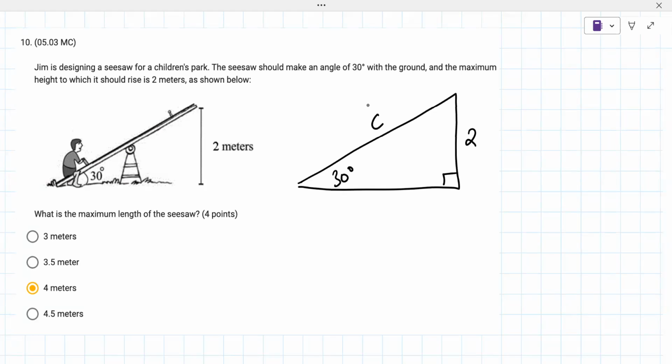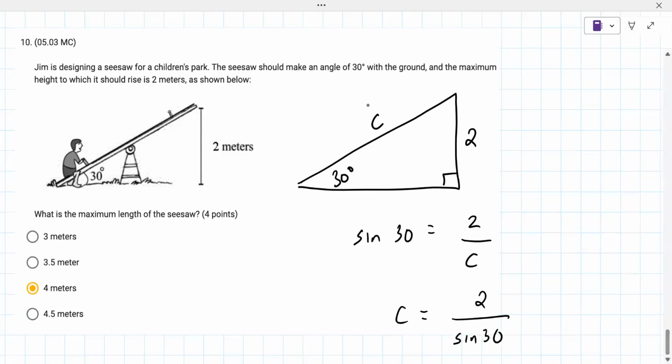So again, which trig function are you using: sine, cosine, or tangent? If we're trying to find C, then you have to do opposite over hypotenuse, which is sine. So sine 30 equals 2 over C. Multiply by C and then divide.